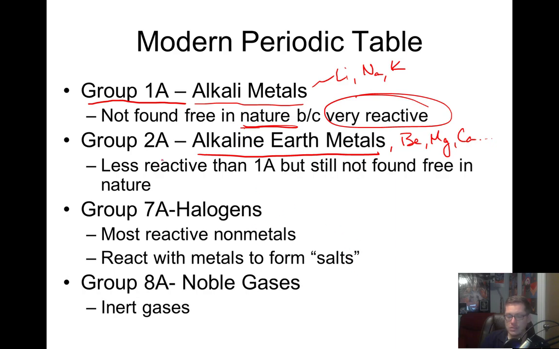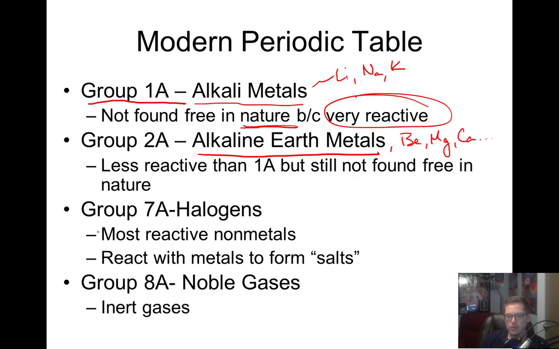They're still pretty reactive, but not nearly as reactive as group 1A, and they're still not really found free in nature. You'll find magnesium oxides, calcium ions, but you don't really find those metals just chilling in nature. Once again, we have to isolate those in the lab. But once you isolate them, if you keep them in a sealed container, they usually stay pretty good.